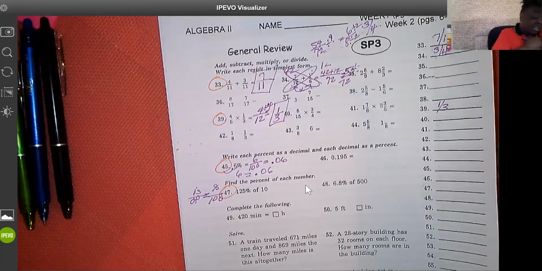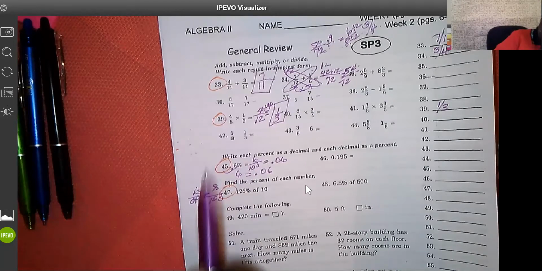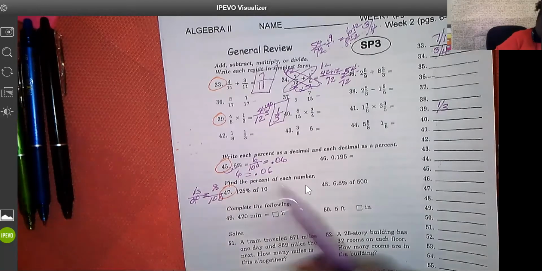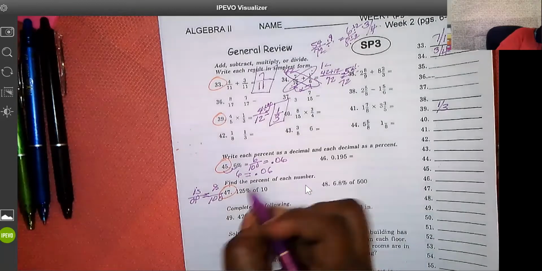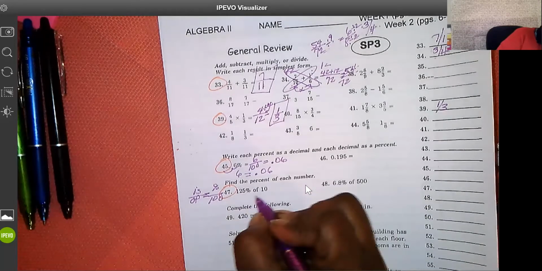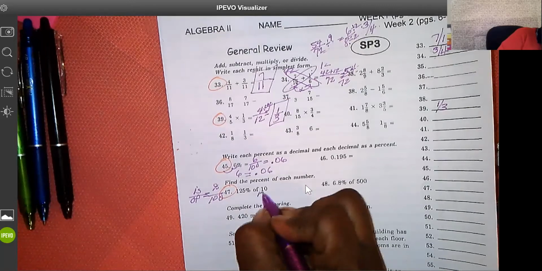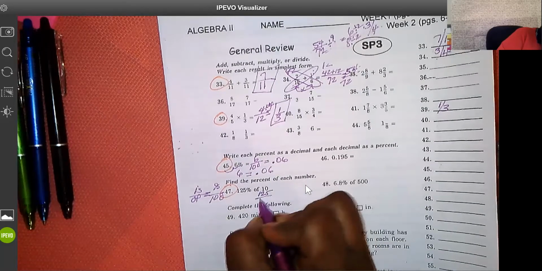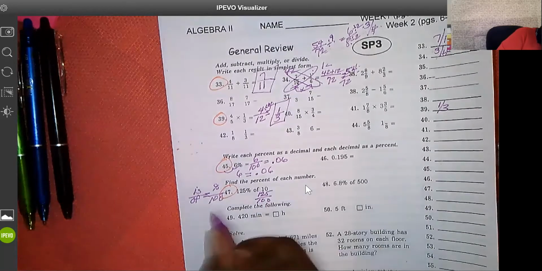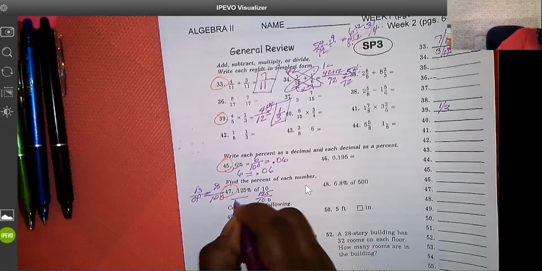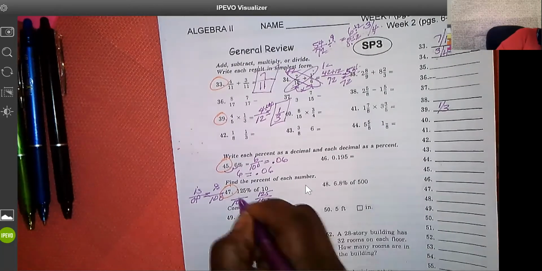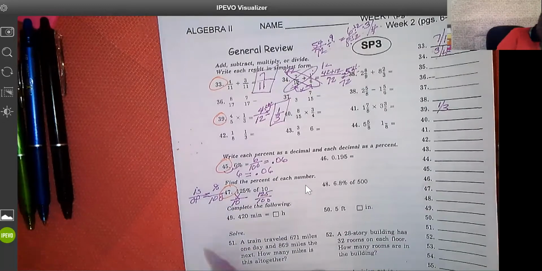And then is the part, and of will be our whole number. So you have your part over your whole. So as we set that equation up, we have 125%. So we put 125 over 100. And then it says of 10. So we are searching for what the is.